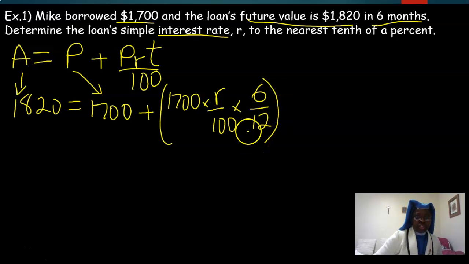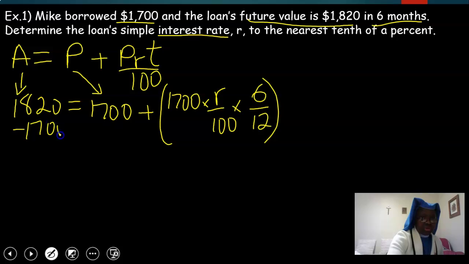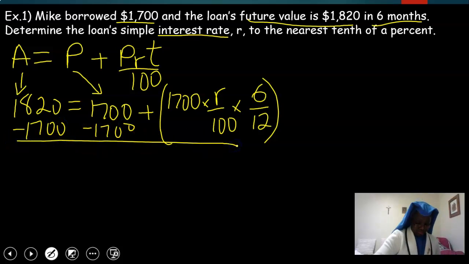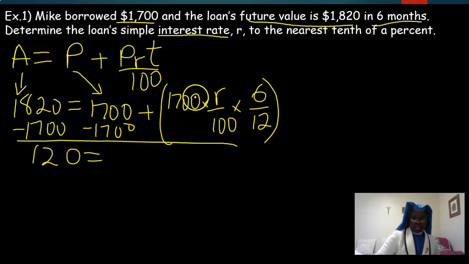Okay, so now we do the algebra to solve for R. Since this is addition, I think it's easier to just subtract 1700 from both sides. If we subtract 1700 from both sides, that would give us 120 here equals, and we can go ahead and multiply.